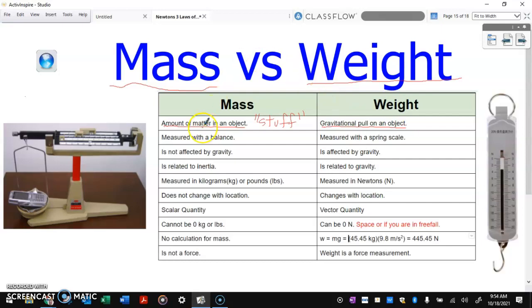Mass is measured with a balance. This is a balance right here. Whereas weight is measured with a spring scale right here.